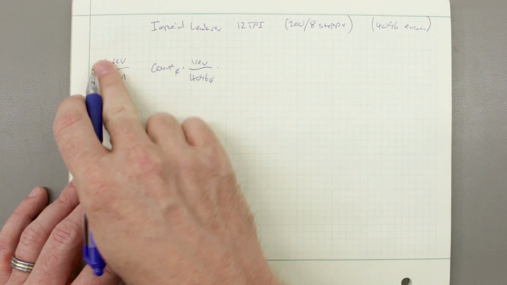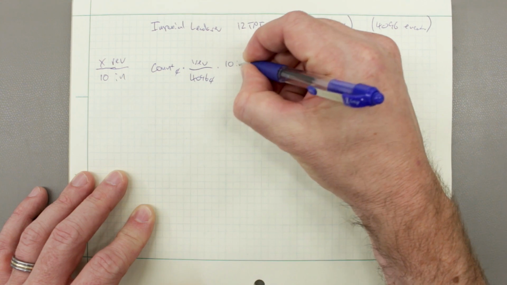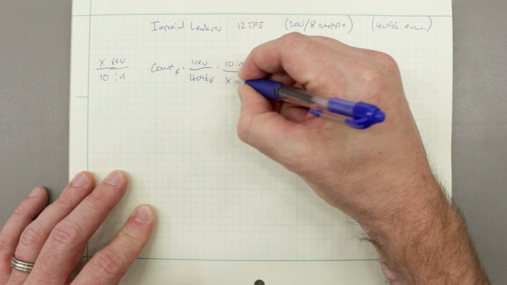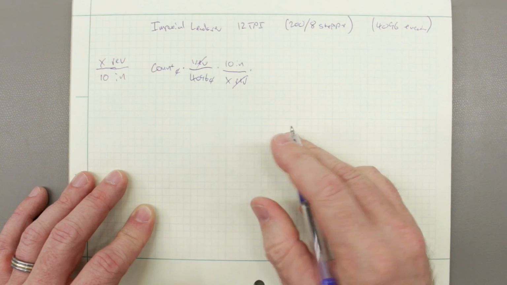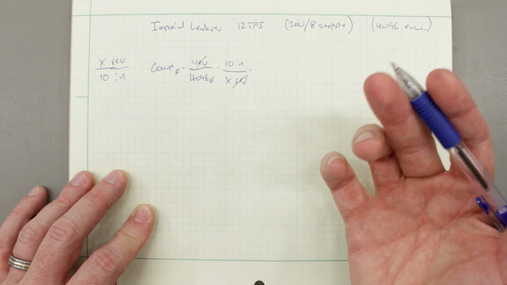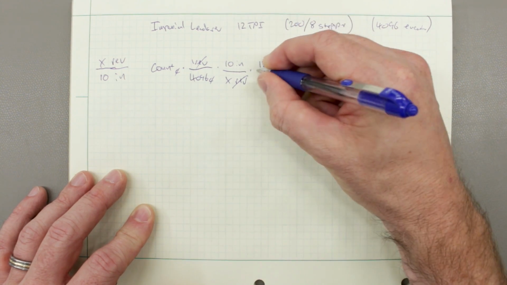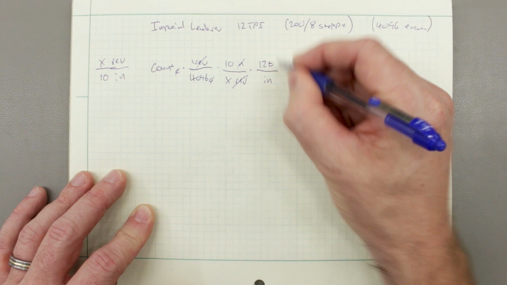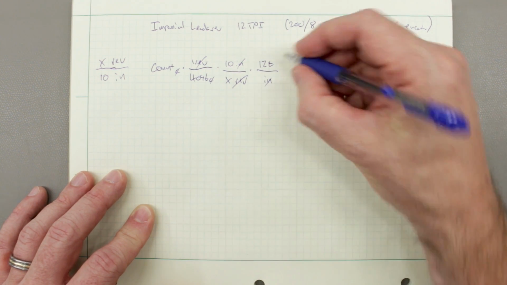Now I have revolutions, which is how we were expressing the thread. So that's going to be 10 inches per X revolutions. So the revolutions cancel. And now I have inches. And inches, I do have an inch lead screw, which is 12 threads per inch. So that is 12 threads per inch. Inches cancel, so threads, that's turns of the lead screw.